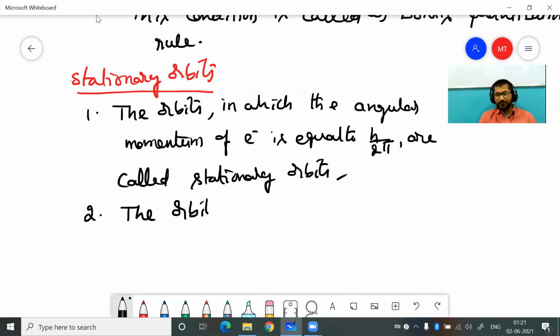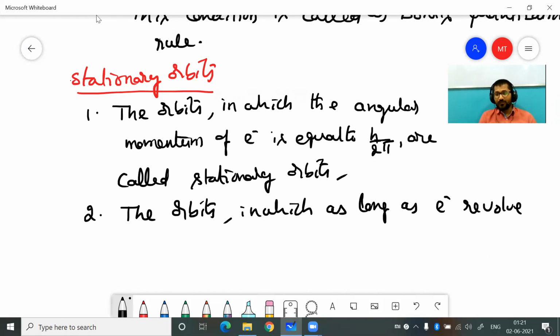The orbits in which, as long as electrons revolve, they neither radiate energy nor absorb energy.